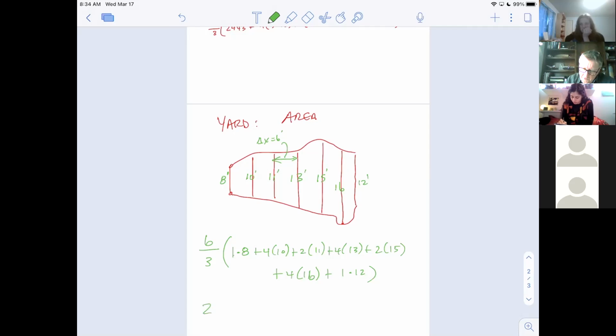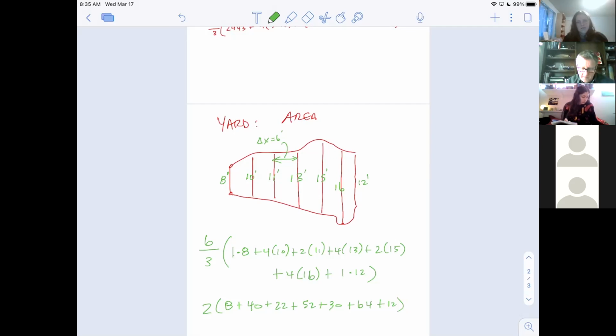So let's see, this is 2 times 8 plus, why am I doing this? Just write it out. 8 plus 40 plus 22 plus 40 and 12 is 52 plus 30 plus 64 plus 12. If I just simply add all that up and multiply by 2, that's a ridiculously good answer we learned yesterday for the area of that weird yard. You're never going to find a formula that models the sides of that yard.